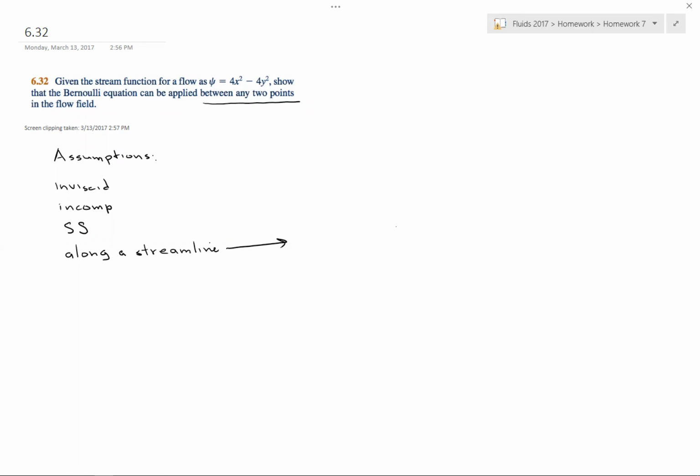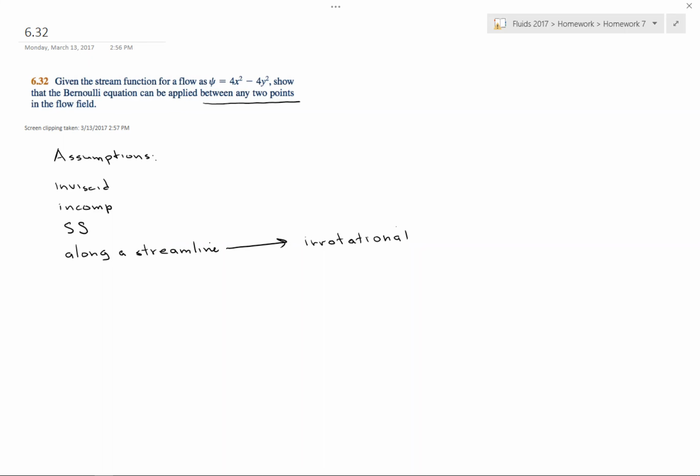No, we assume, notice it says incompressible, 2-dimensional. I would say that you don't have to worry about inviscid, because if it's viscous, then it says that it has viscous forces.